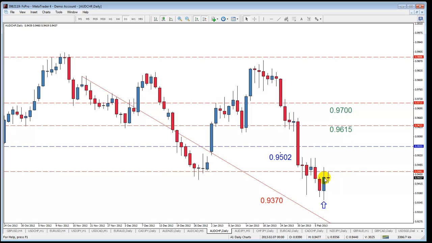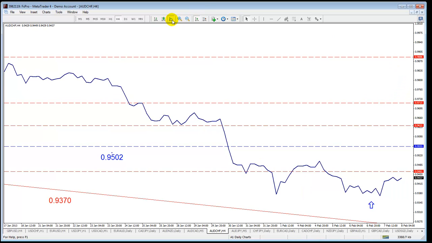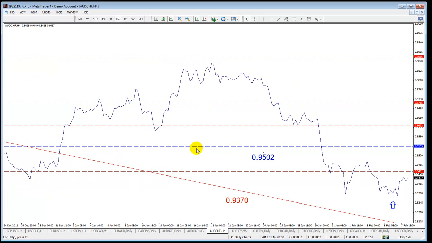The reason why is because the close is too far down the candle. For me to be remotely interested in this trade, I'd want to see a close, one, above this zone at 94.61, and two, near the extreme high. And I don't have either in this case. So what this looks like to me, and you'll see it on the 4-hour much better, is that the market has broken through this level here.